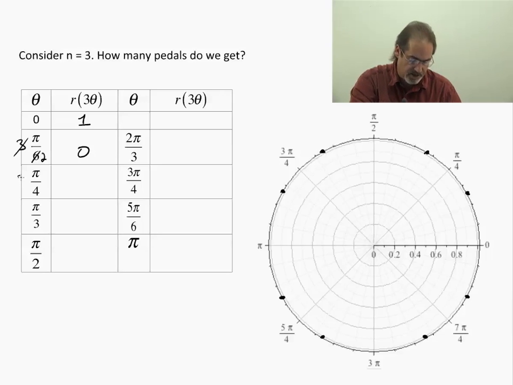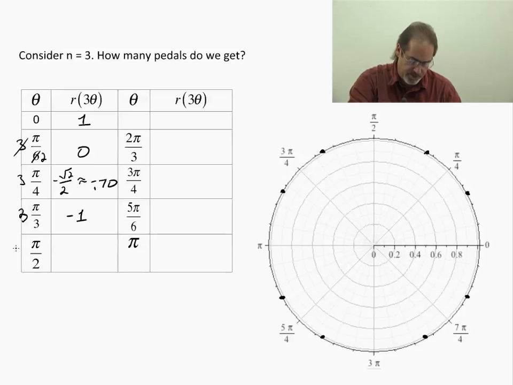This will be 3 times pi over 4, which is negative root 2 over 2, which is about negative 0.70. At pi over 3, I'm going to have 3 times pi over 3, which is obviously pi, so that's negative 1.